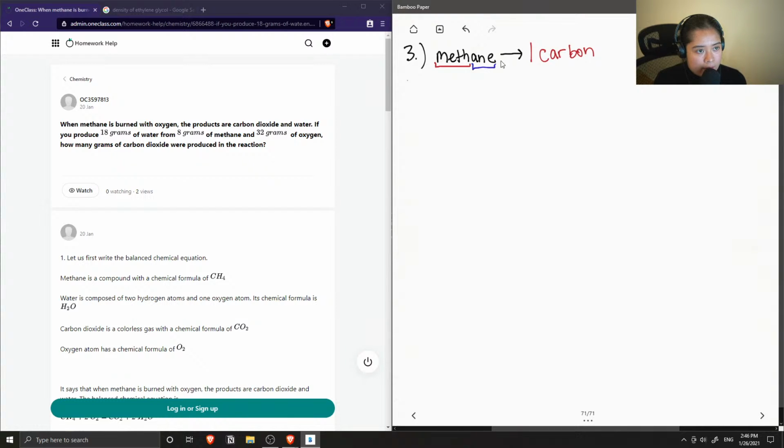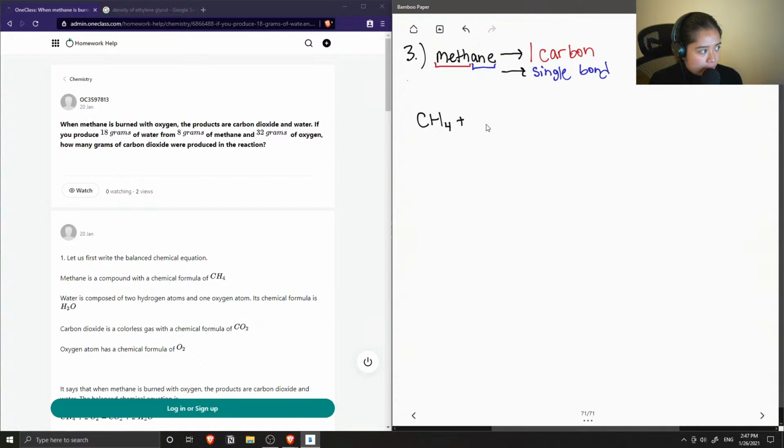And even the fact that it ends in ane tells us that there is a single bond. But since there's only one carbon, we can already kind of assume there's only single bonds. So therefore, the chemical formula of methane is CH4.